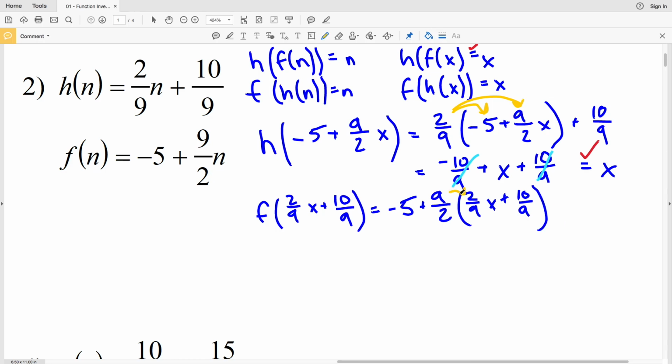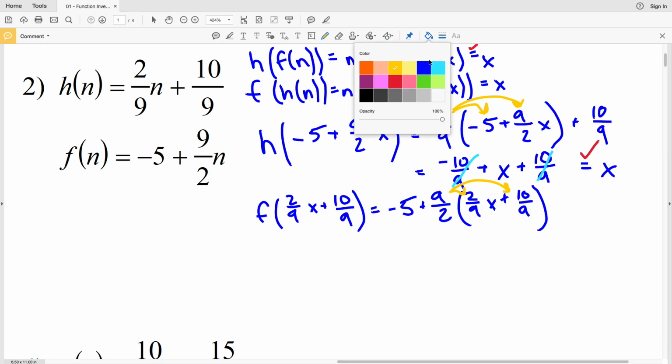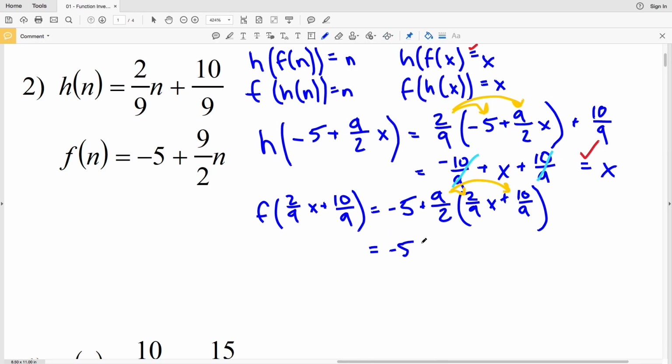So we're going to need to distribute this 9 halves to both the 2 ninths and the 10 ninths. So we'll have negative 5 plus 9 halves times 2 ninths, which is 1, times x will be simply x, plus 9 halves times 10 ninths will leave me with 10 over 2, which I know is a positive 5.